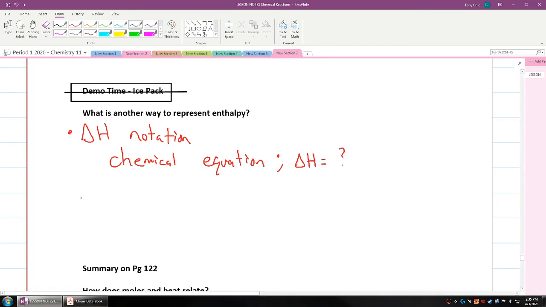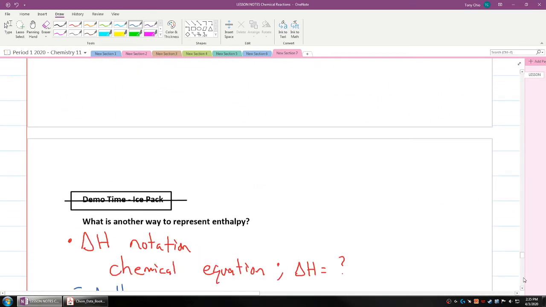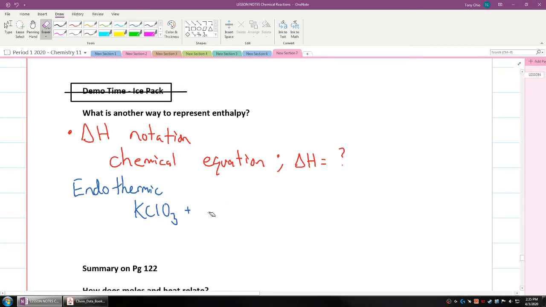So an example of that is if something is endothermic. Like, for example, the one we just did, which was KClO3 plus 41.4 kilojoules per mole. We don't write it there. We don't have to. Instead, we put our chemical equation as so, and then at the end, we write our delta H. Because it's endothermic, it's going to be positive delta H, 41.4 kilojoules per mole.